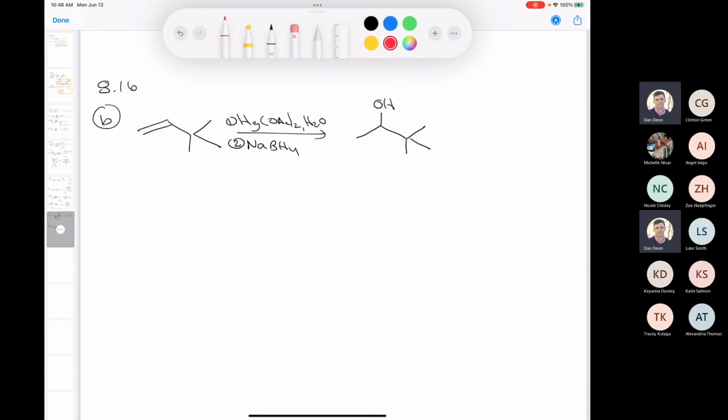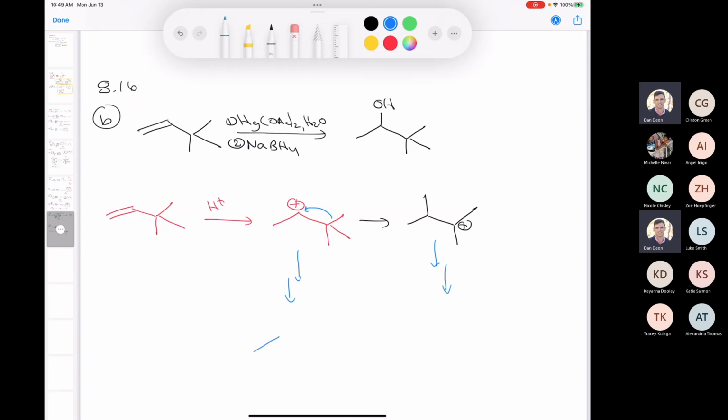If I was to take that same alkene and I treated it with aqueous acid, so I'm just going to put H+, I would end up with this secondary carbocation, which can undergo a methyl shift to produce this tertiary carbocation. And so now I could have the secondary carbocation undergoing nucleophilic attack by water, followed by a proton transfer, and I could have it here for the black one.